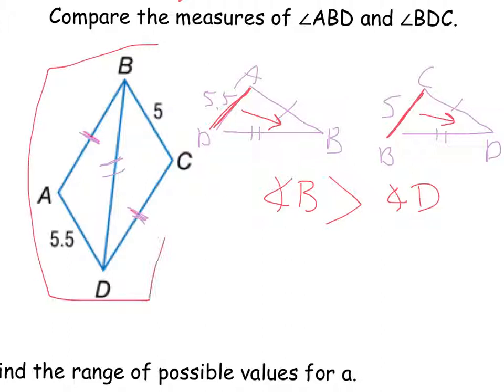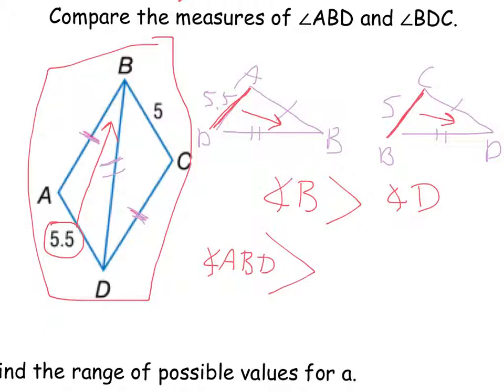We're going to say that 5.5 is opposite this angle, which is angle ABD. It's greater than, this is 5, so it's greater than that angle, which is angle BDC.